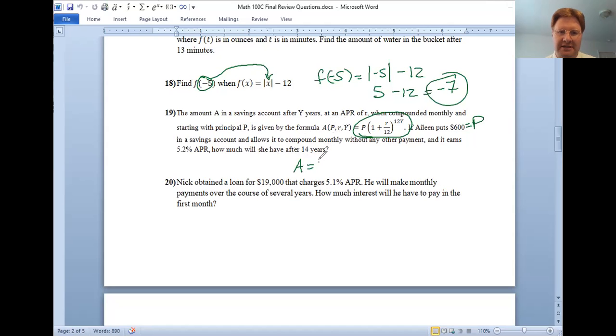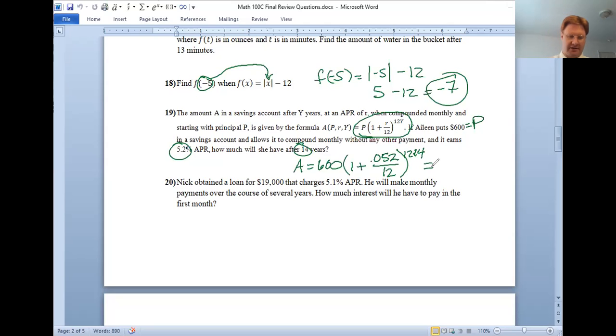We stick in P as 600 times 1 plus the interest rate. That's 0.052. You move the decimal 2 places over, over 12. Good. This is monthly. 12 times. How much will she have after 14 years? Okay, that's 14 years. Good.